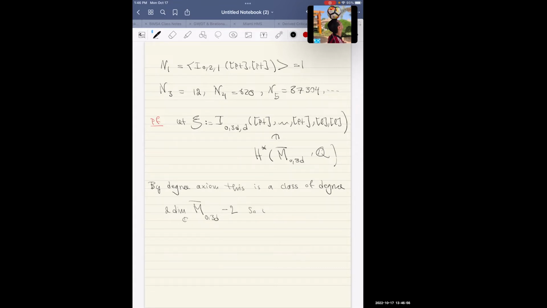So its intersection with a divisor is well defined. A well-defined rational number.